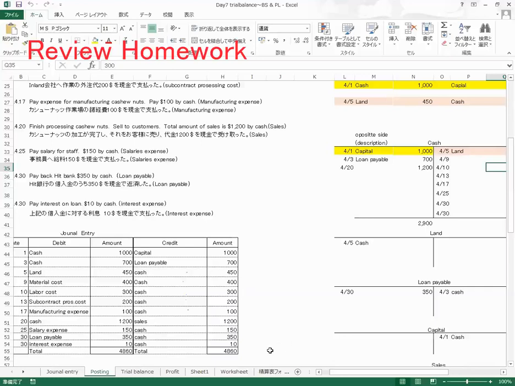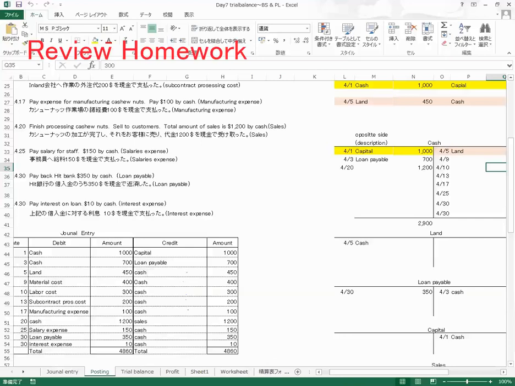So now in Japan, there are many accounting applications, and some are very expensive. In those applications, when you put in the journal entry, it automatically goes to posting day by day.